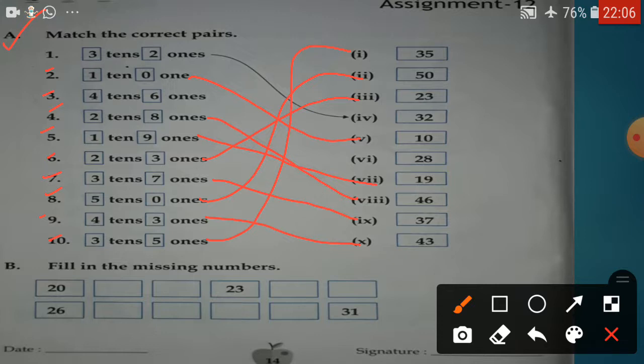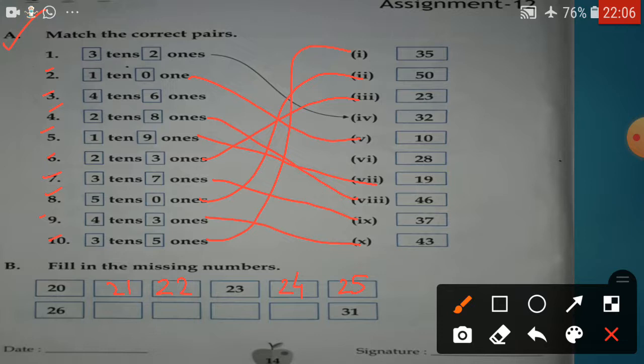So write here 21. Okay. 21, 22, 23, 24, 25. Very easy. So children practice.